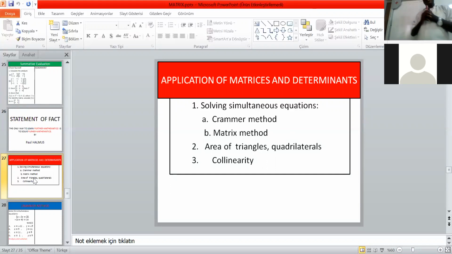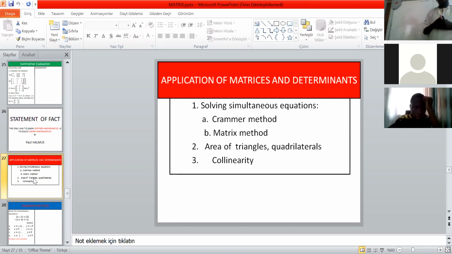Matrices and determinants can also be used to find the area of triangles, quadrilaterals, etc., and to determine when a line is collinear. But today, we are solving simultaneous equations using Cramer method.